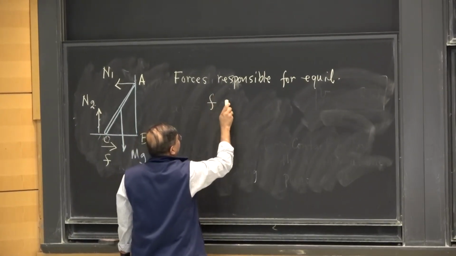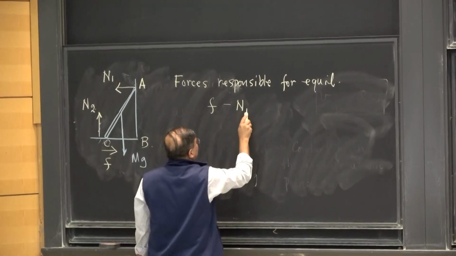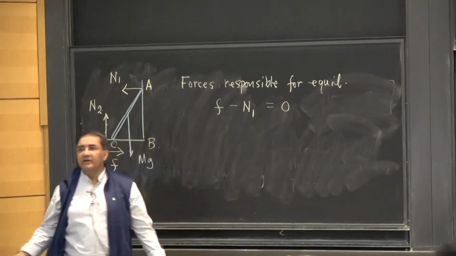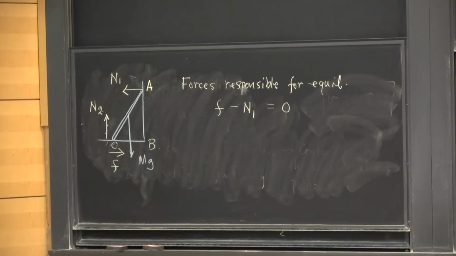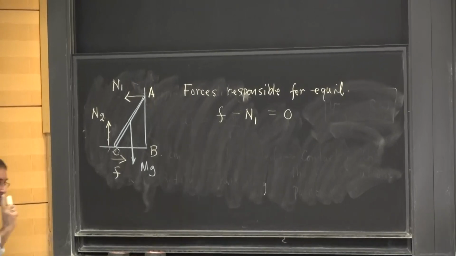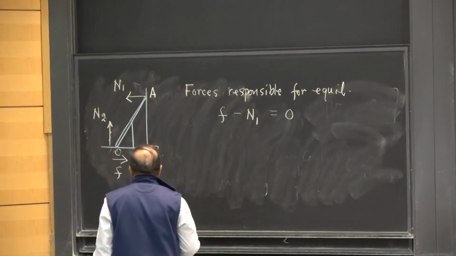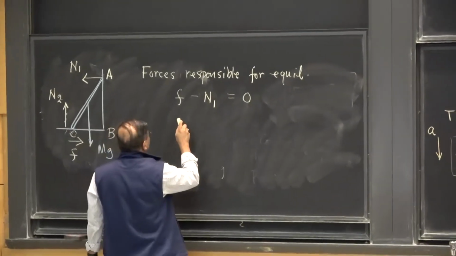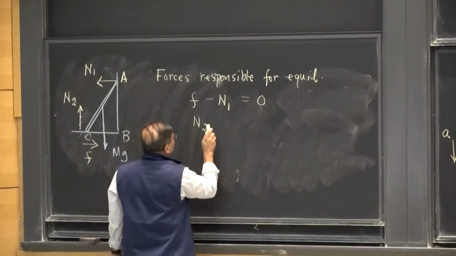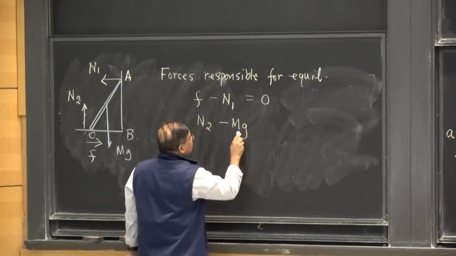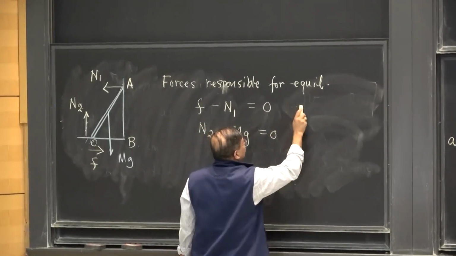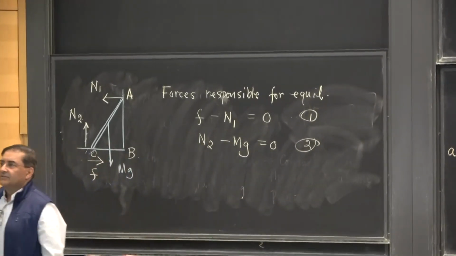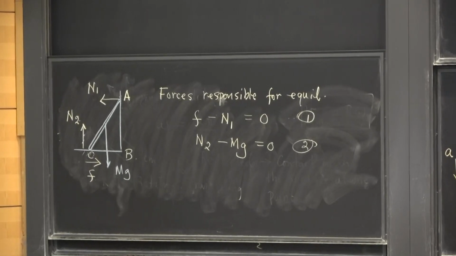Therefore, I can always write F minus N1, since I can't find any other horizontal force, must therefore be 0. It doesn't matter if they act at the same point because forces are translatable. We are just talking forces, not torques. And likewise, I should be able to write N2, which is upward, minus mg, must be equal to 0. So you see, without even doing any work, simply by observing, two equations pop out, which are force equations.